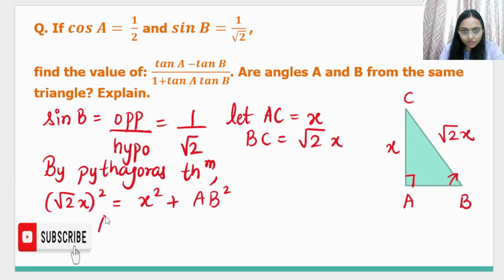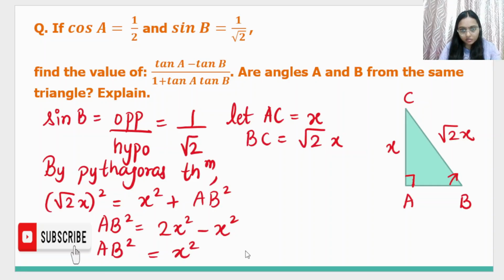Root 2 square is 2, so 2x square, and when we take x square to the other side, it gets minus. So we get AB square as x square, so AB equals x.